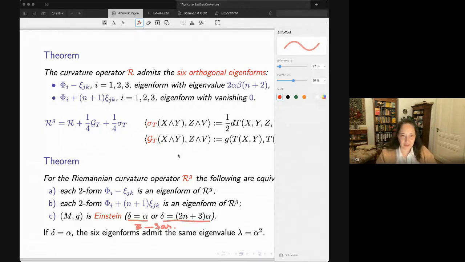I said here already that every 3-Sasaki manifold admits a second Einstein metric.